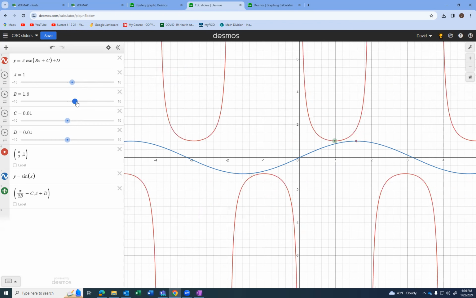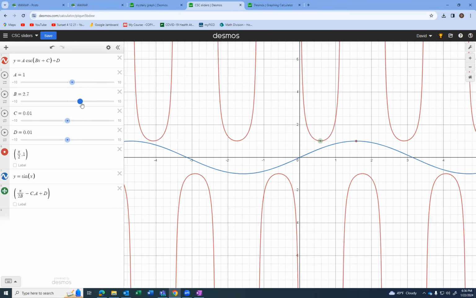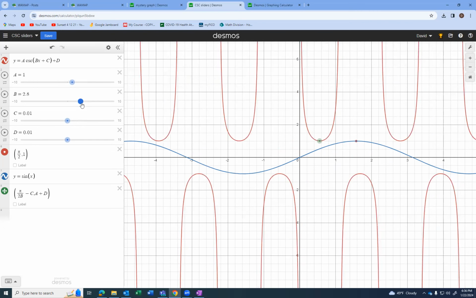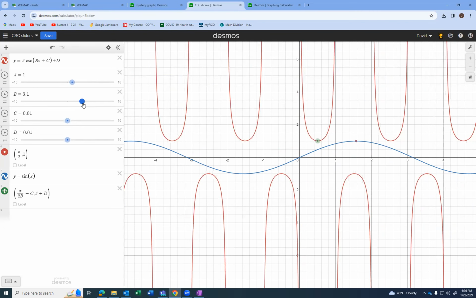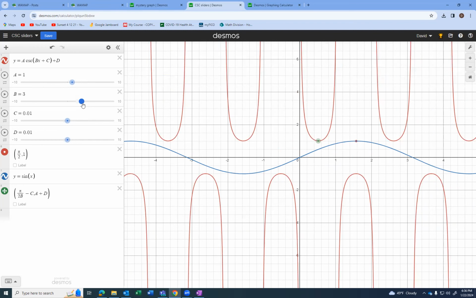Well, b adjusts the period again. As b gets larger, the period gets smaller and smaller. So if I take b equal to 3, my period would be right about 2. It's actually 2 pi divided by 3.